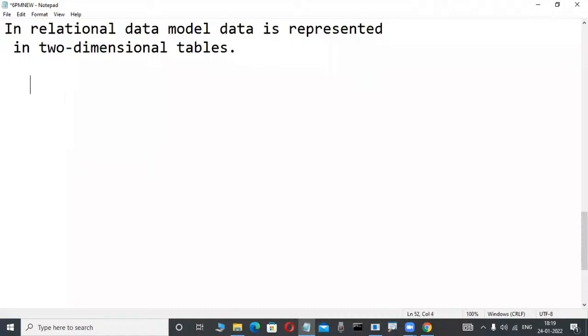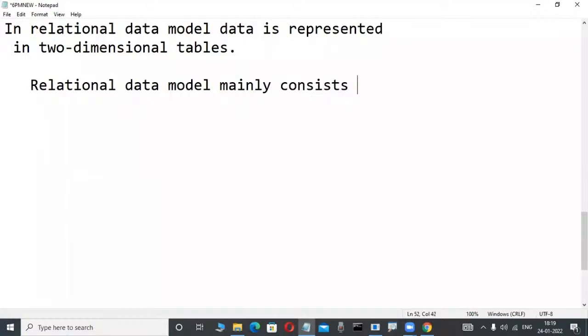Any relational data model product we observe mainly consists of three components. What are those components? You must be familiar with these names before we start our courses. Now check it out.